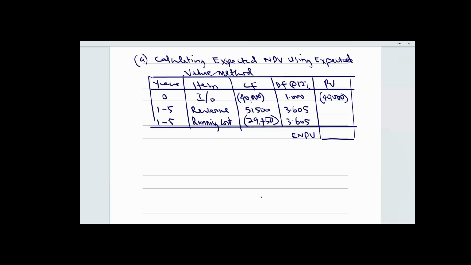What's the present value? 185,658. Running cost? 107,248.